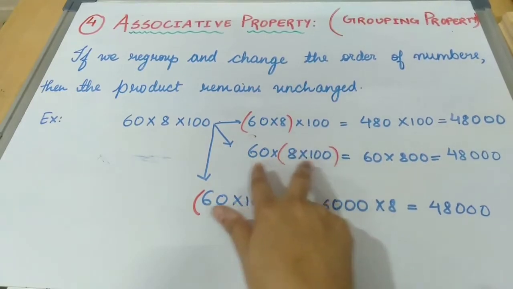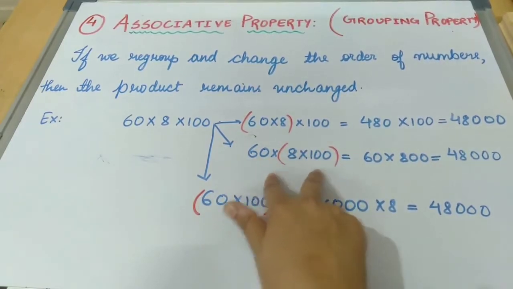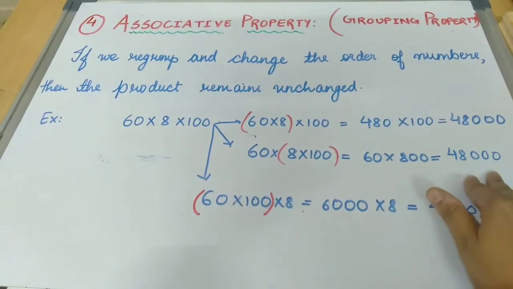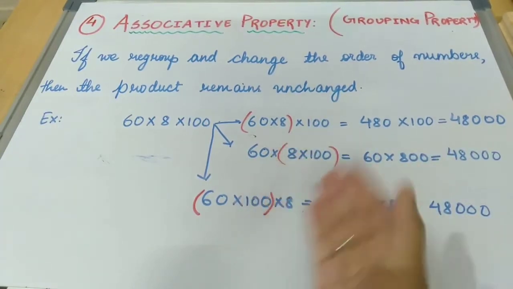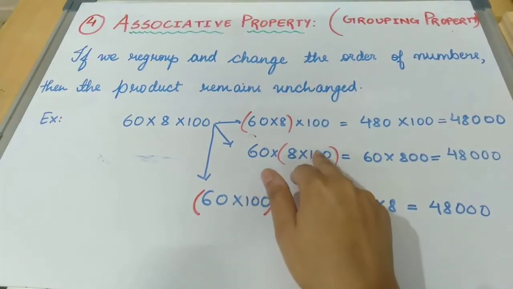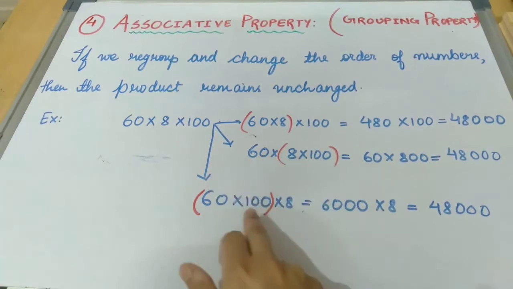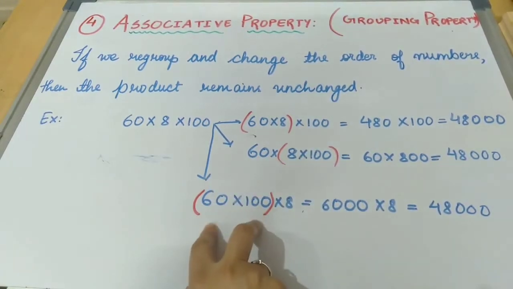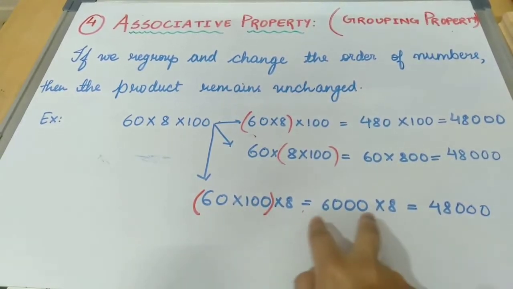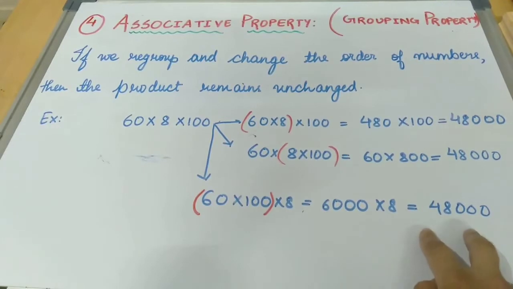In this way I have regrouped the numbers, multiplied and got the product. Now I will change the order. I will keep 100 over here and 8 to the next place, and group them. So I have grouped 60 into 100, multiplied, and got the same product.